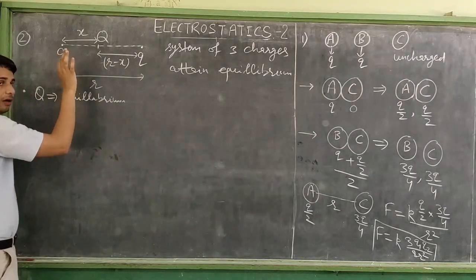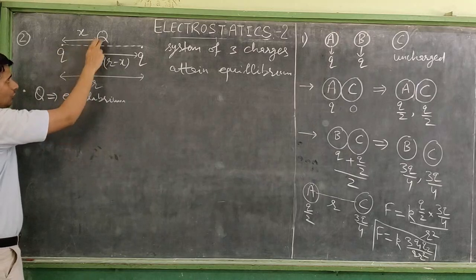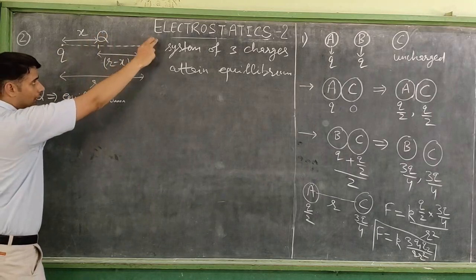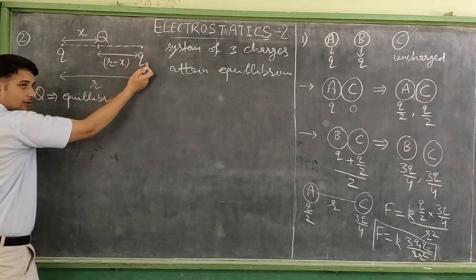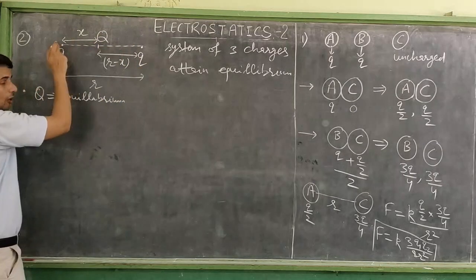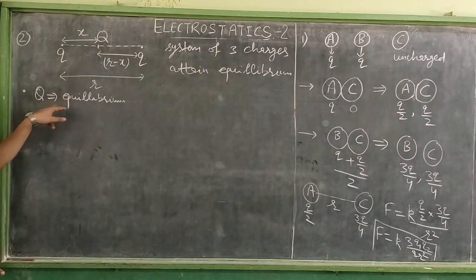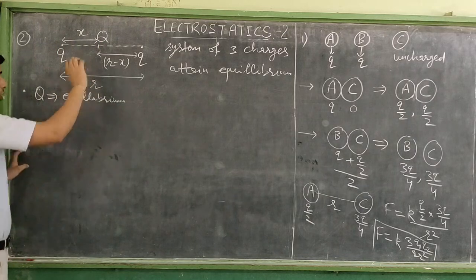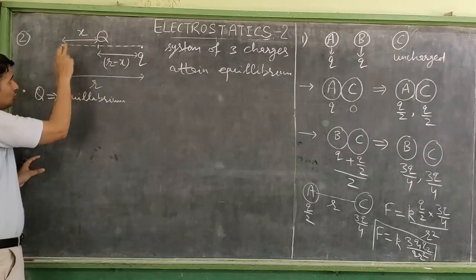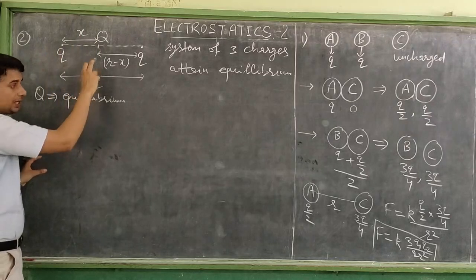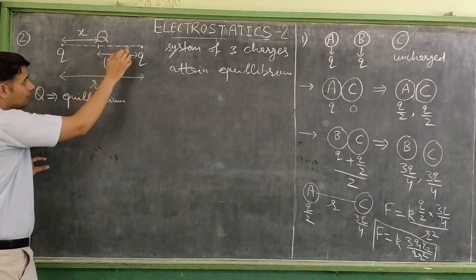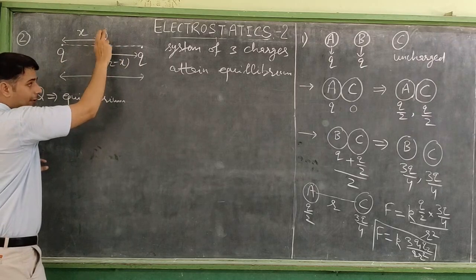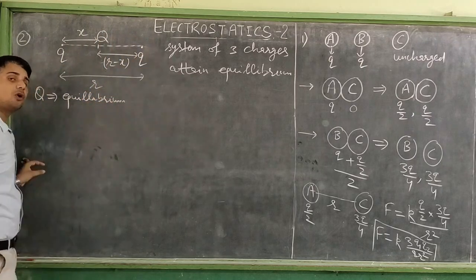If all are positive, this charge will repel capital Q along this direction, and the other small q will repel it along the opposite direction. Since capital Q should be in equilibrium, the force on capital Q due to one small q should be equal in magnitude to the force on capital Q due to the other small q.